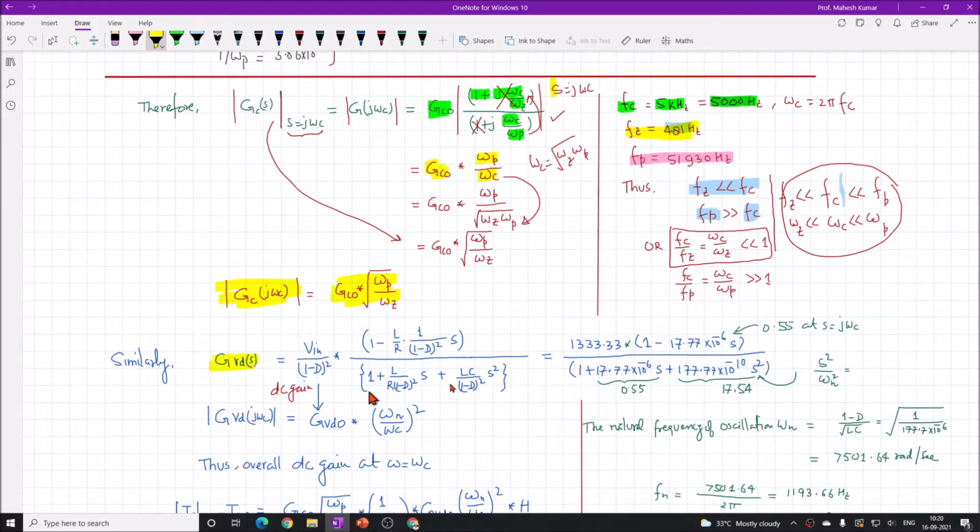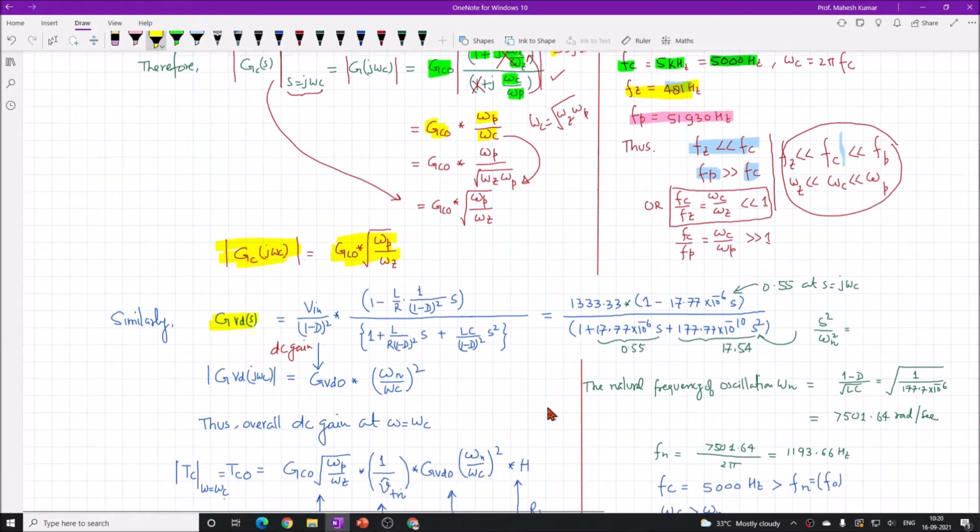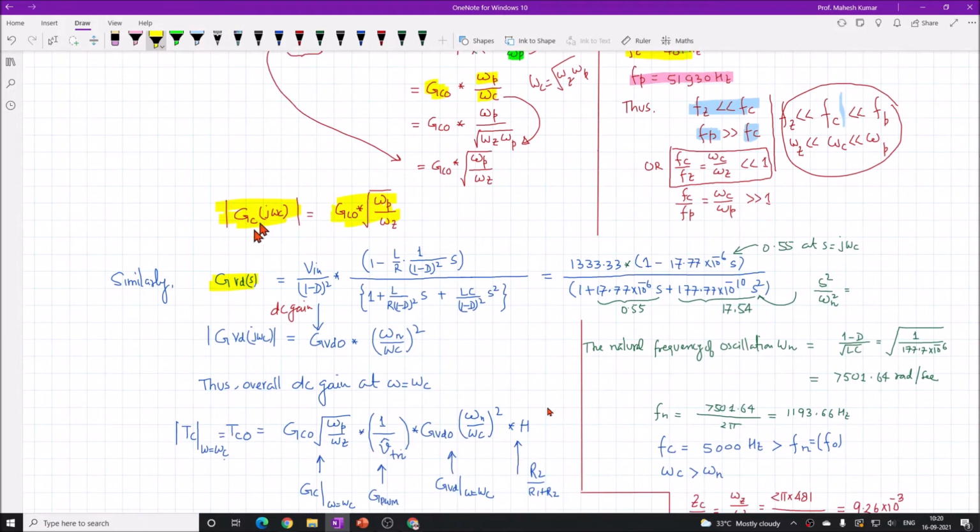The transfer function here we are referring to is the loop gain. So let us find out what is the magnitude of GBD at omega equal to omega c. So it is the same procedure. We just express first what is GBD in terms of the s.